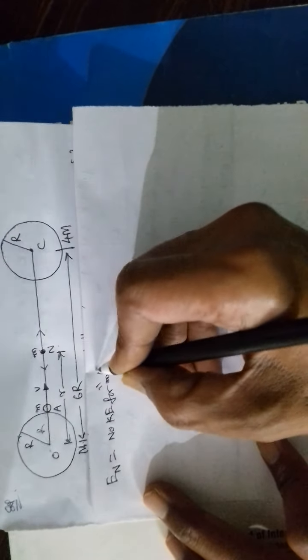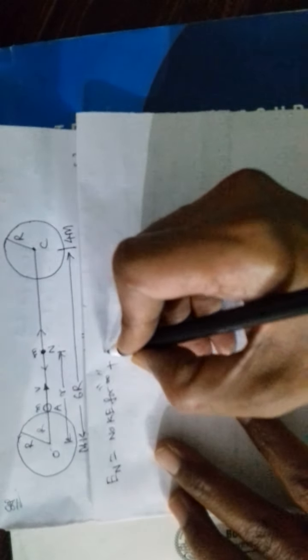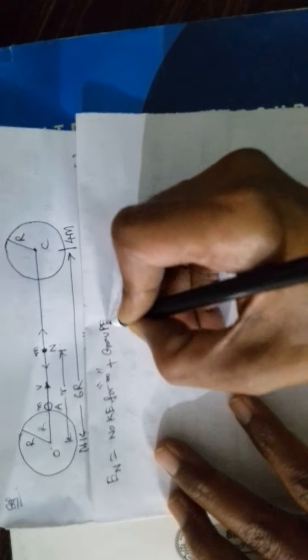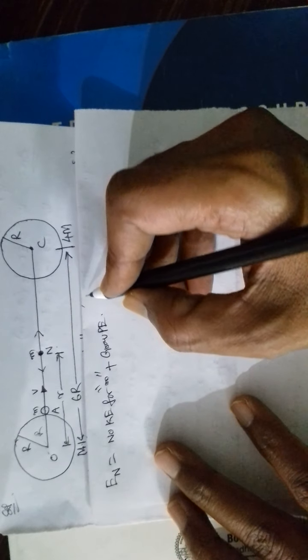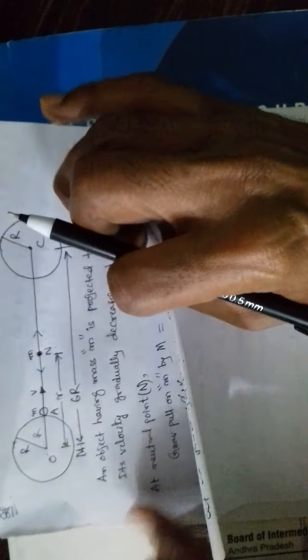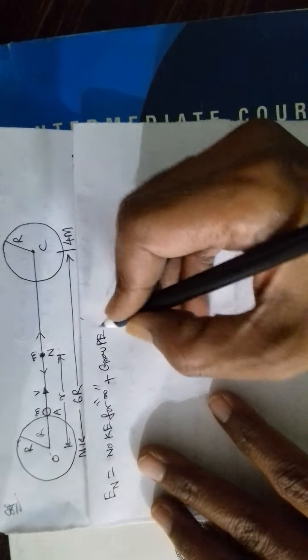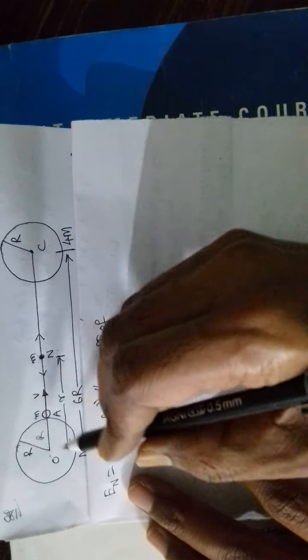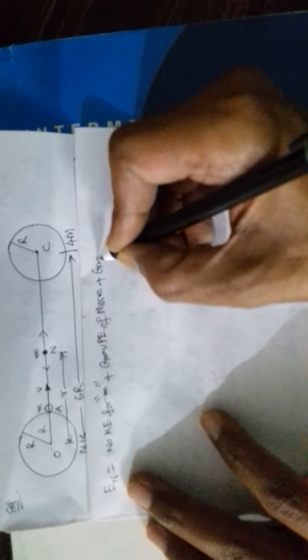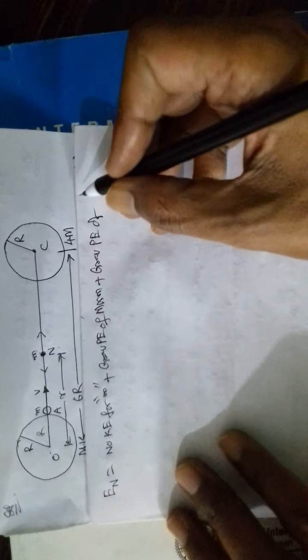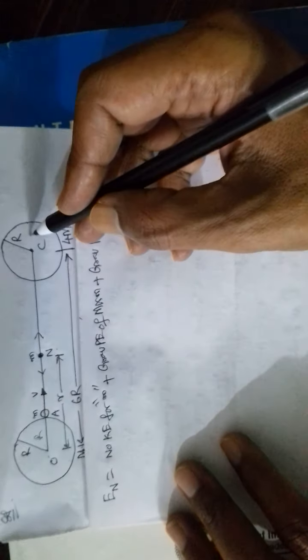No kinetic energy for m plus gravitational potential energy of capital M small m and gravitational potential energy of small m and 4m.